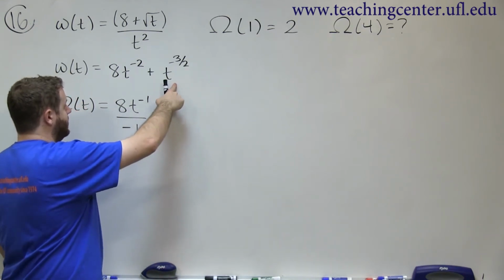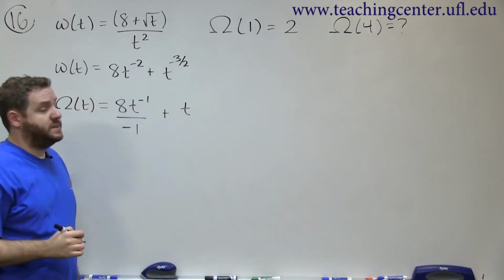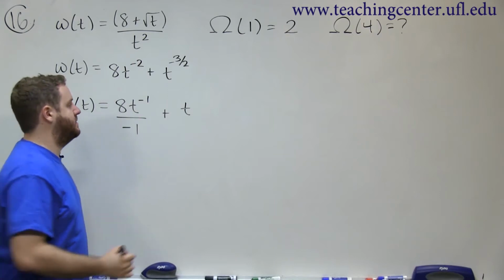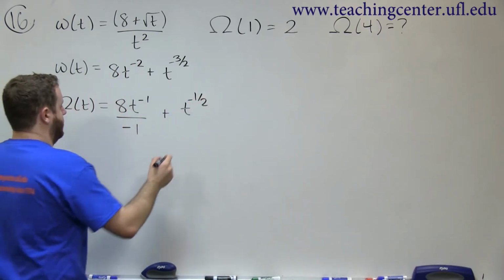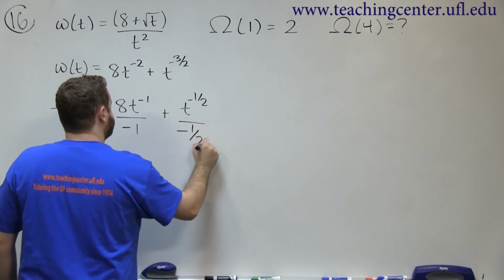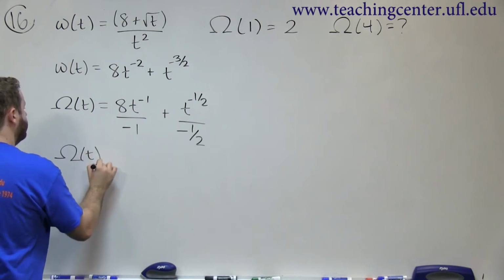Same process here. We have t to the negative 3/2, so its antiderivative would be adding 1 to the power. If you add 1 to negative 3/2, you get negative 1/2, and divide by that new power, negative 1/2.